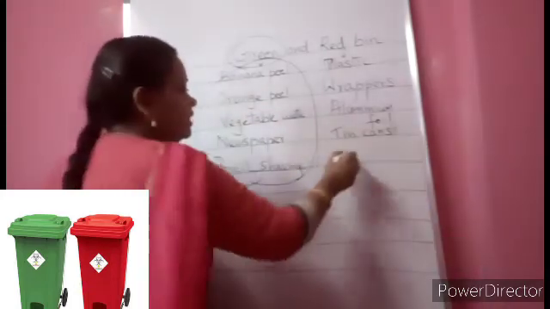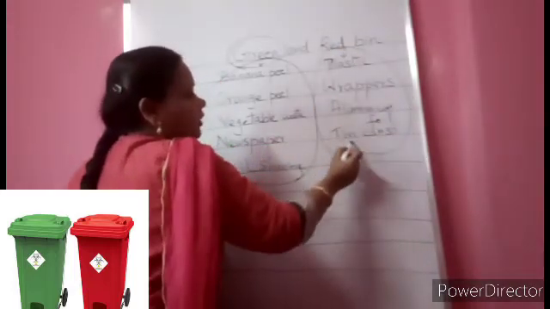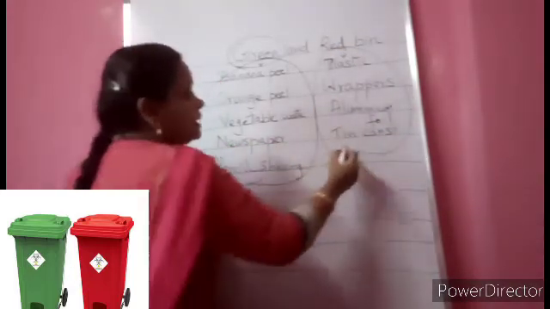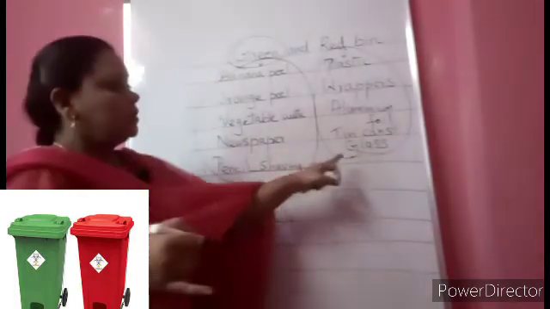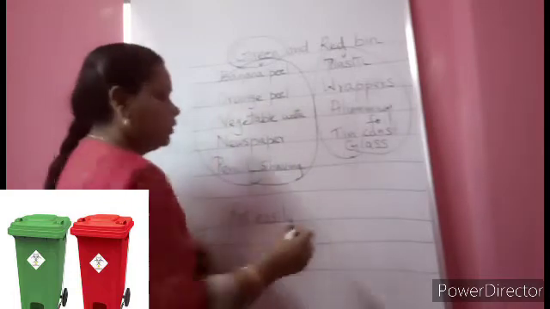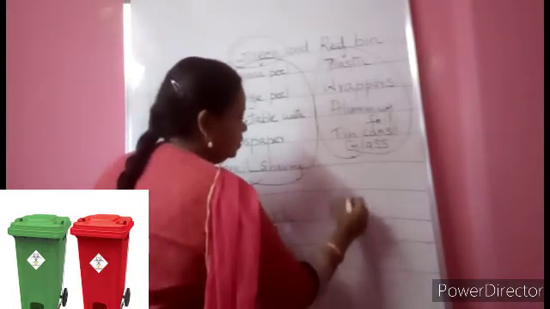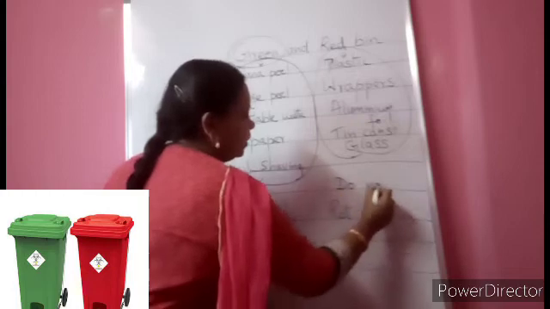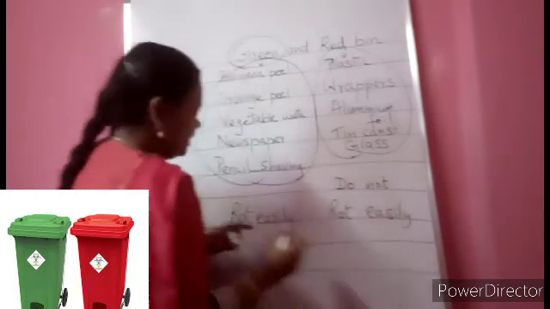But the things we keep in the red bin, like plastic, wrappers, aluminum foil, tin cans, glass also, I showed you the glass bottle, the honey bottle, all this should go to the red bin, because they do not rot easily.